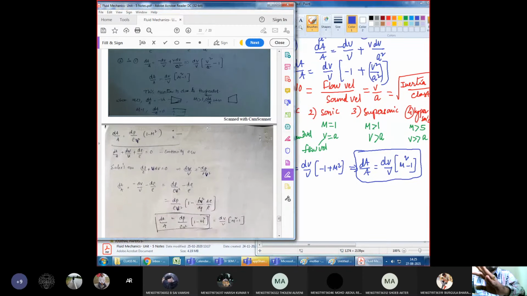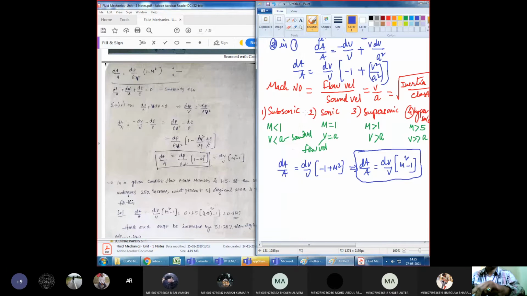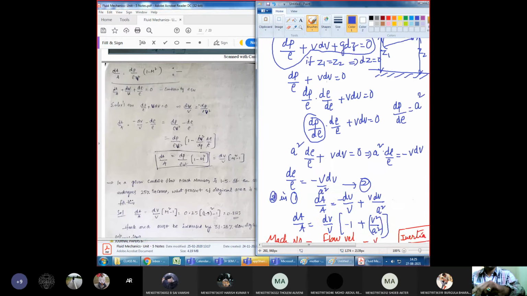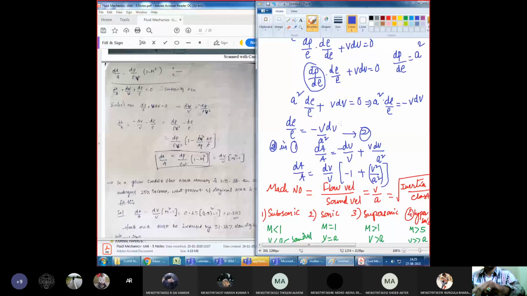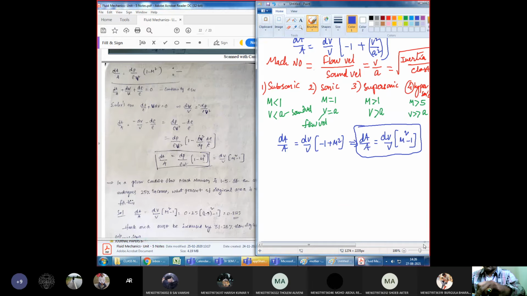From Euler's equation, we have dP by rho plus V dV is equal to 0.